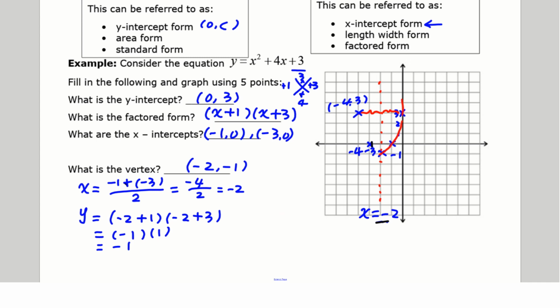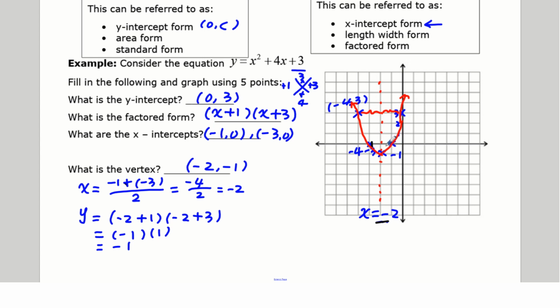Connect those points. This one, connect them. This one goes up. So this is a graph of a parabola using 5 points.